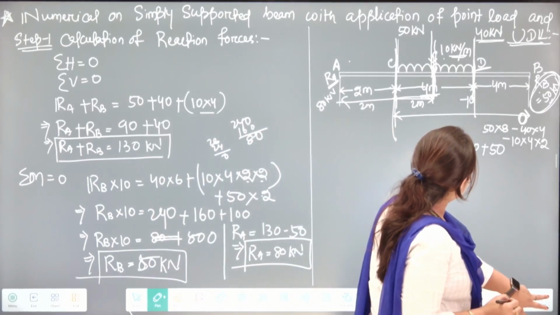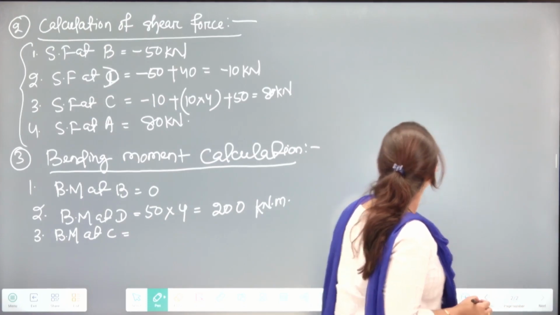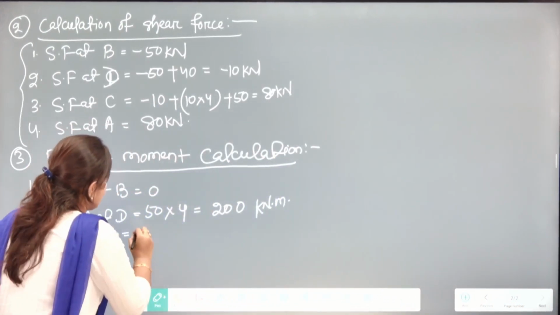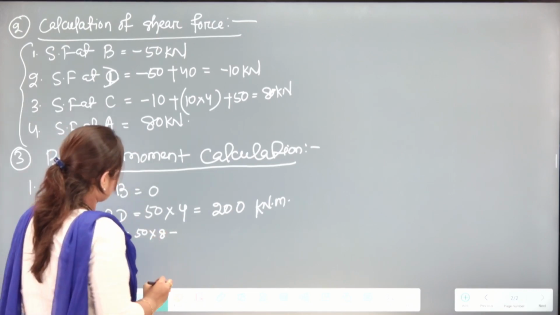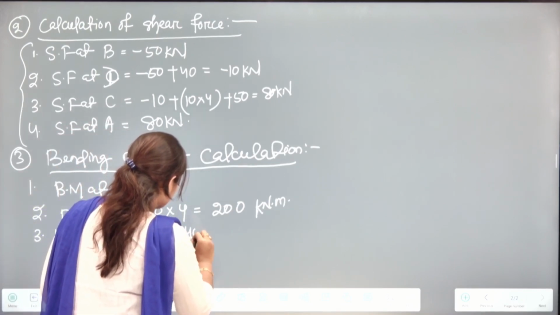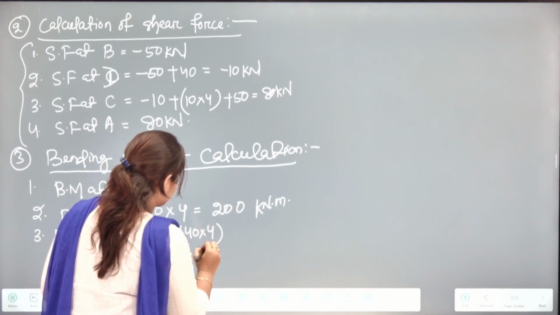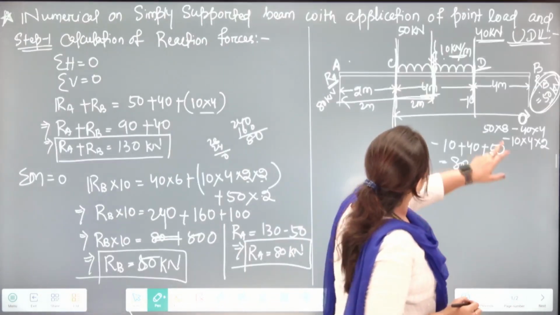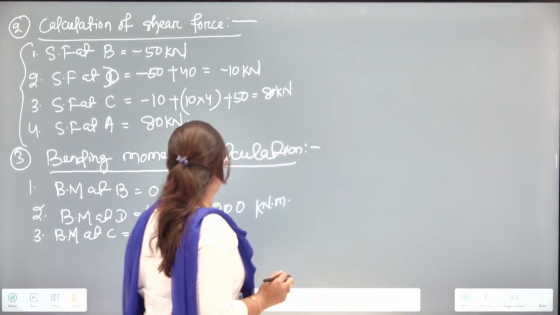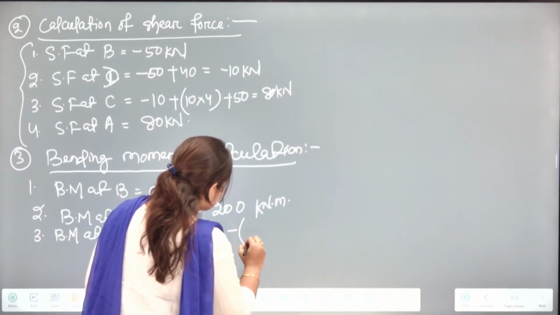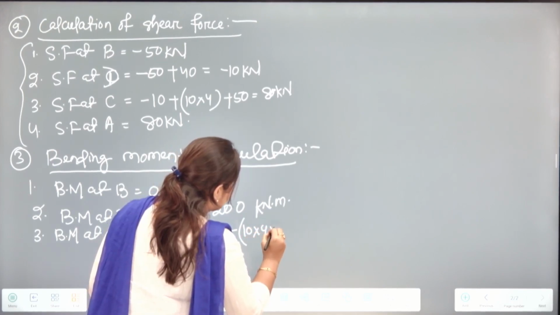So you will have 50 into 8 minus 40 into 4. Let's check. Yes, 40 into 4, again minus 10 into 4 into 2.